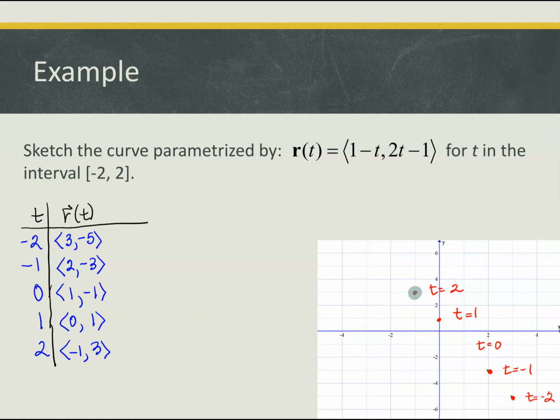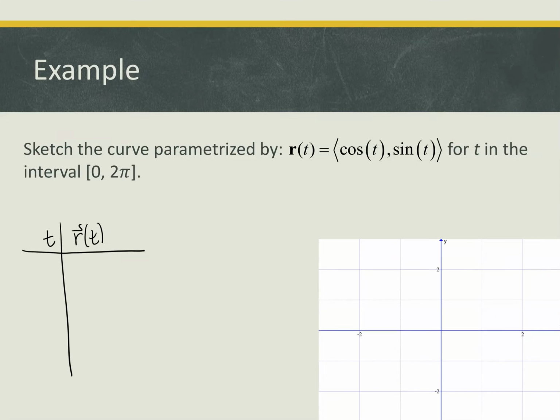And so our curve looks something like this. And notice it had a direction. Those points we plotted as t increased, so our direction is upward and to the left.